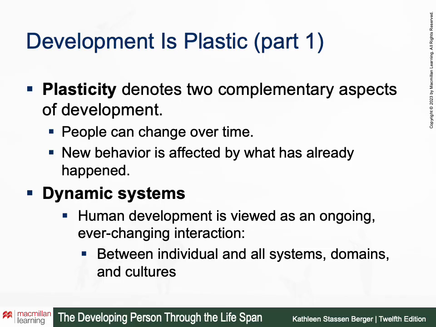So there is evidence in the dynamic systems approach, which is a framework that many contemporary developmentalists use, where the idea is that human development is an ongoing, ever-changing interaction between the individual and all the systems, domains, and culture.